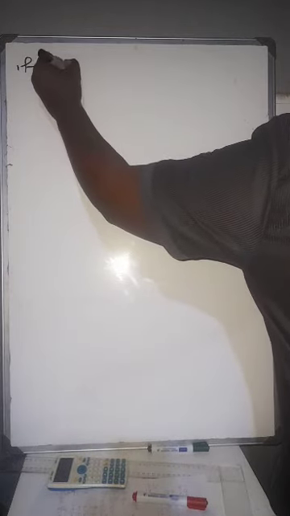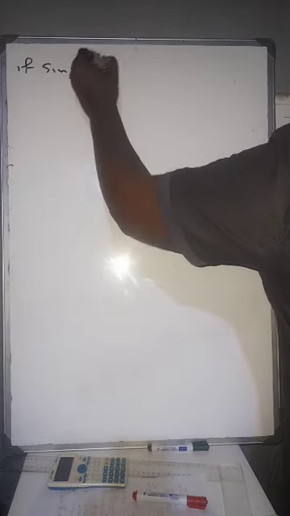The second one is saying if sine 40 is equal to p, determine the following in terms of p without using a calculator.